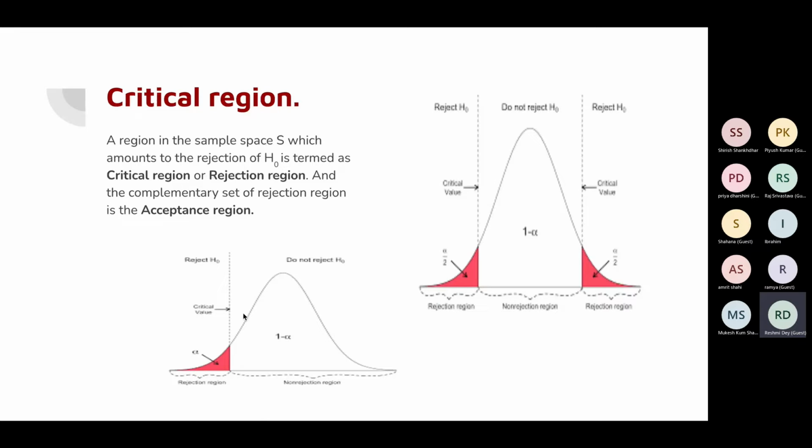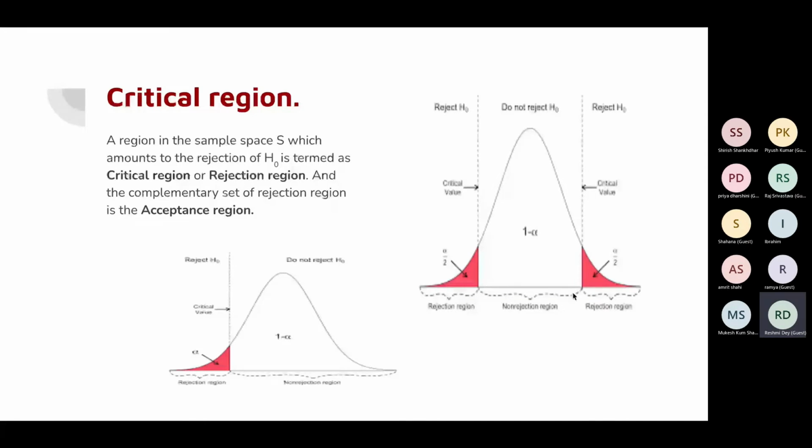For a one-tailed test, this is a left-tailed diagram. Alpha is our level of significance, and this is the rejection region, and 1 minus alpha is our acceptance region. Here we do not reject our H naught.